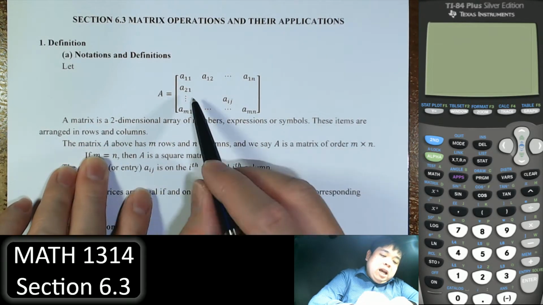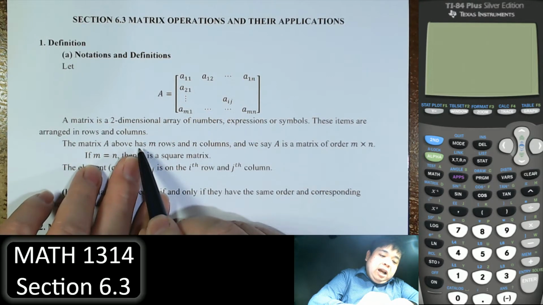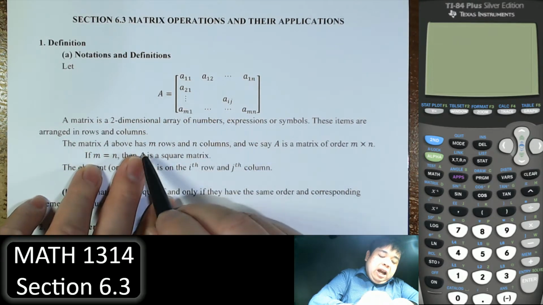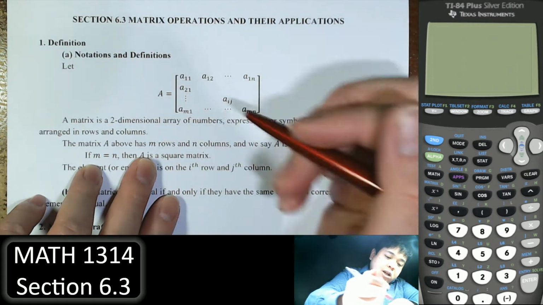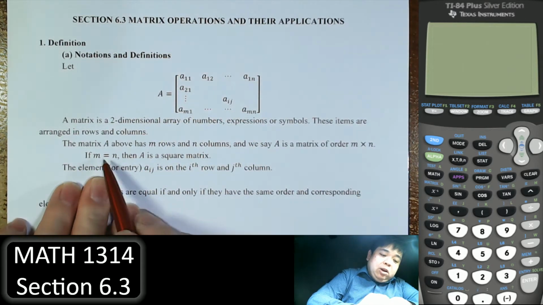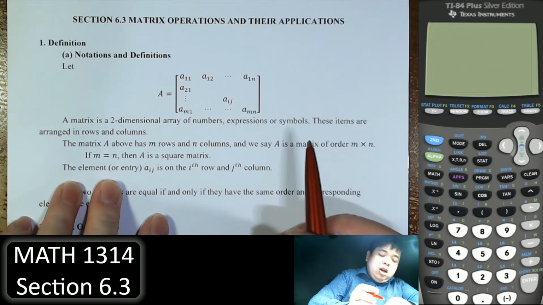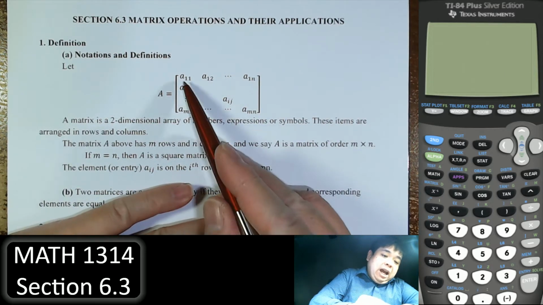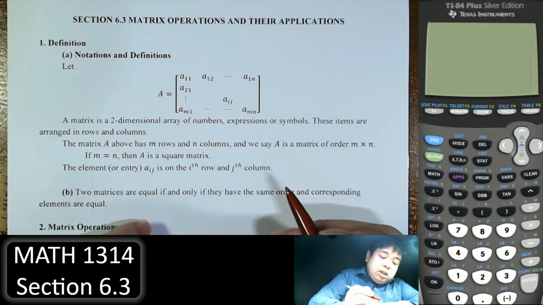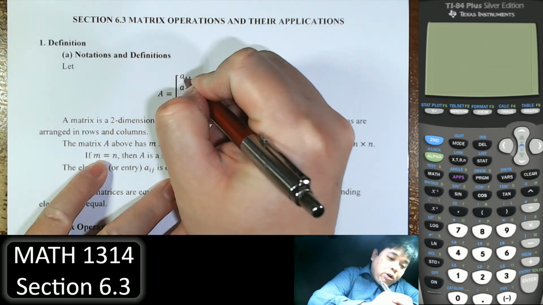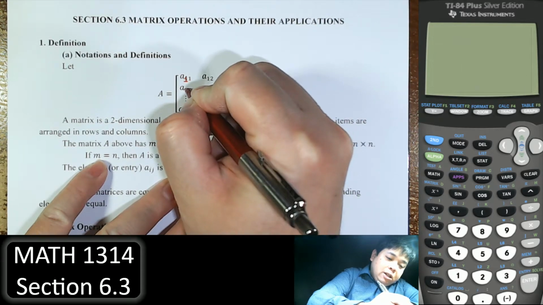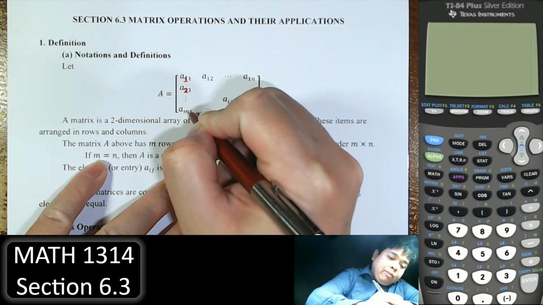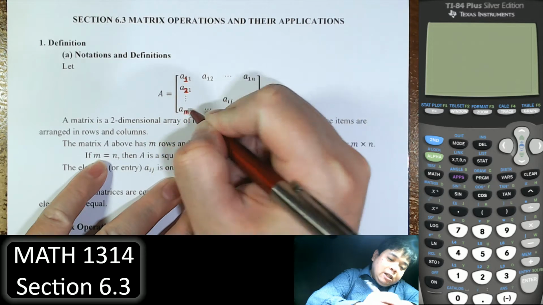If the matrix A above has m rows and n columns, and if m equals n, then A is a square matrix. The reason we know that A has m rows and n columns is that the first number indicates the row.